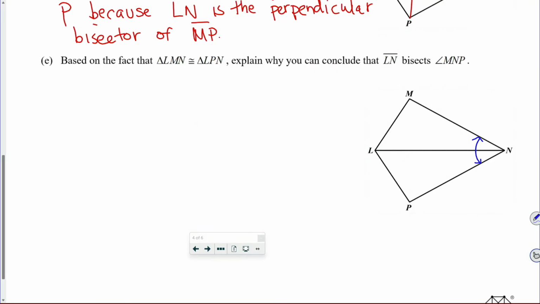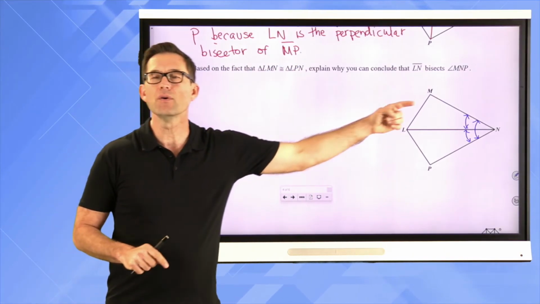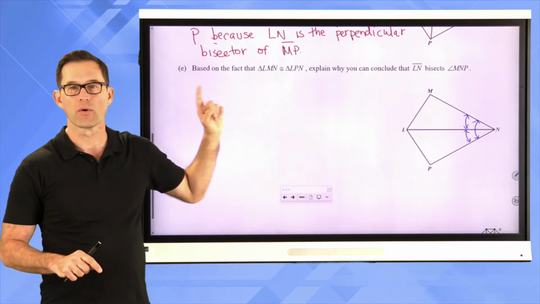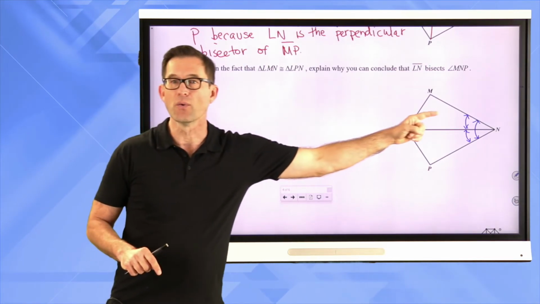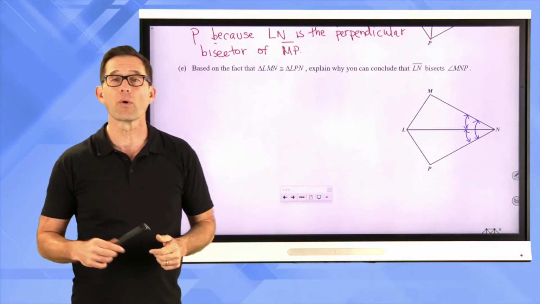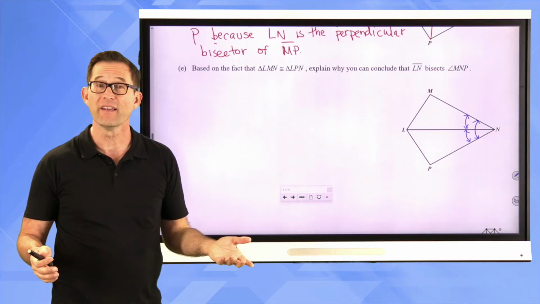Well, that would mean that this angle is congruent to this angle. So then I'm going to work a little bit backwards from that. Why should those two angles be congruent if these two triangles are congruent? Well, those two angles have to be congruent because they're corresponding angles in two congruent triangles, right?